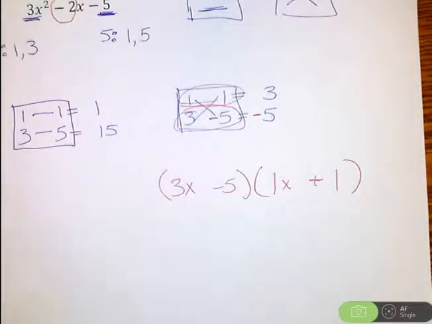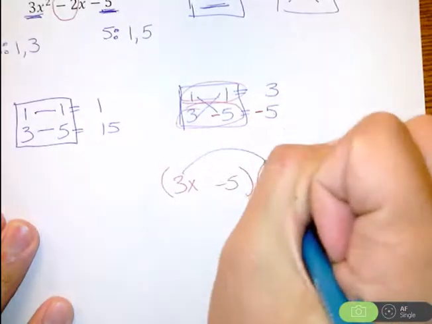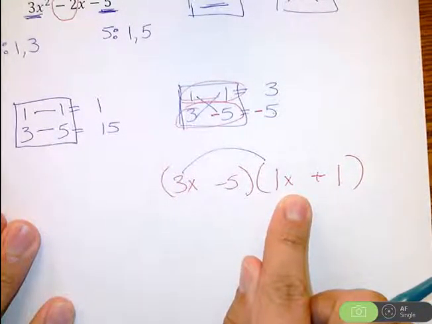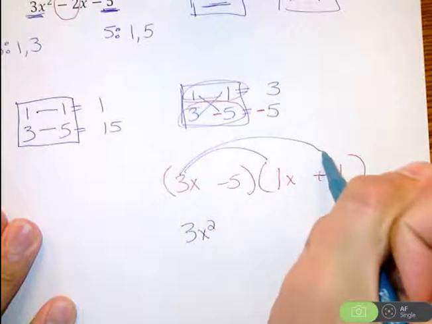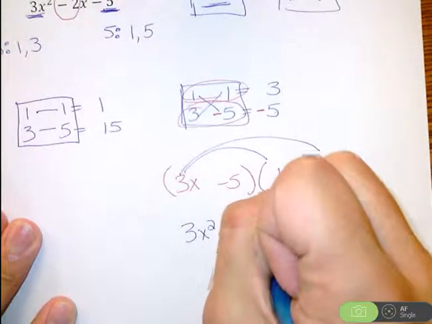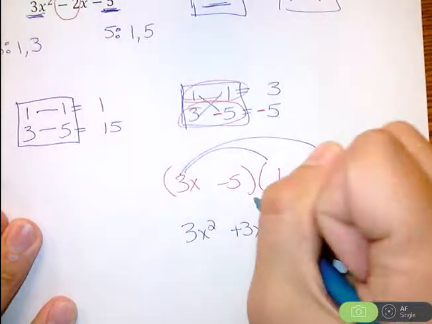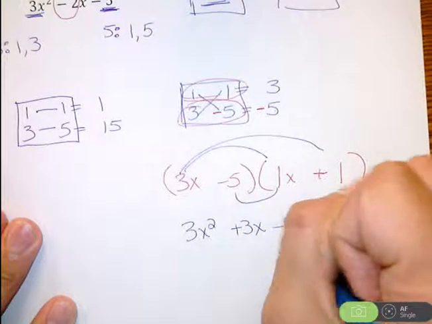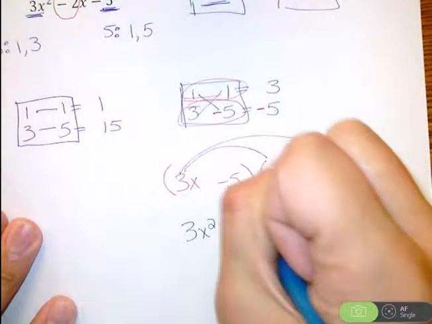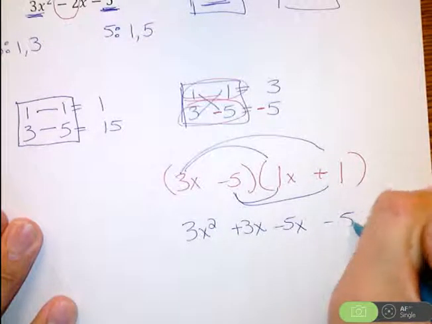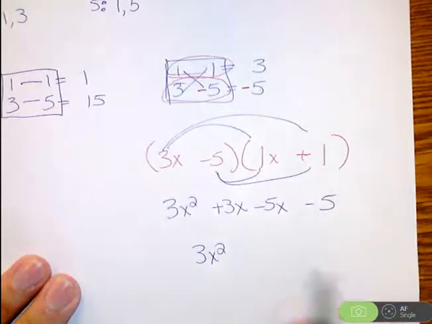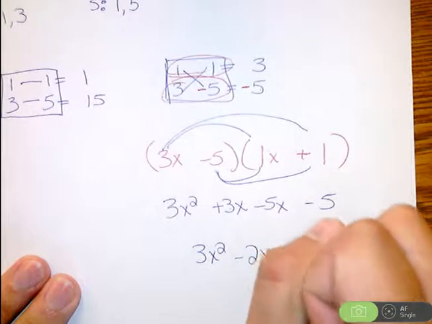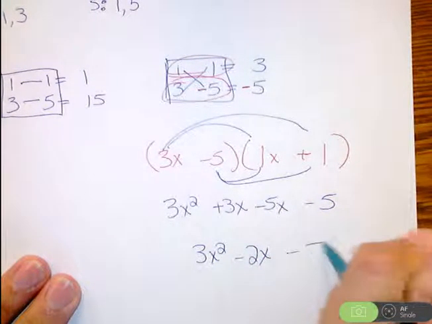Now, you might not be convinced that it works, but we are going to distribute there. 3x times 1x is 3x squared. 3x times 1 is 3x. Negative 5 times 1x is negative 5x. And negative 5 times 1 is negative 5. So when you combine like terms, we get 3x squared minus 2x minus 5.